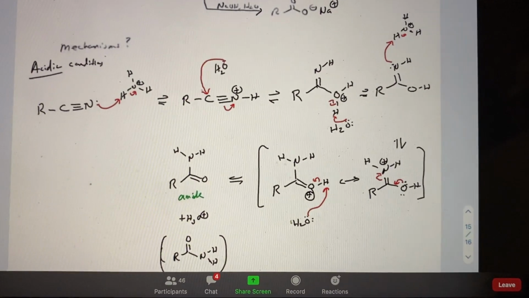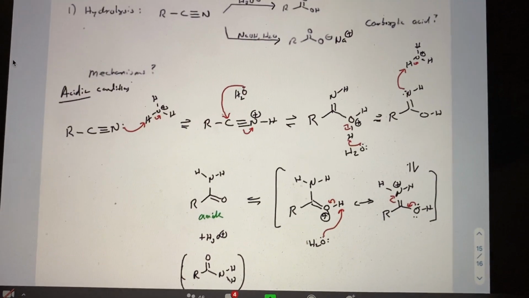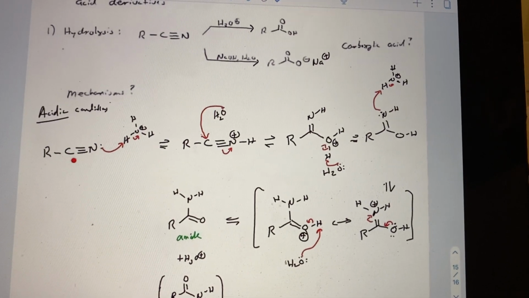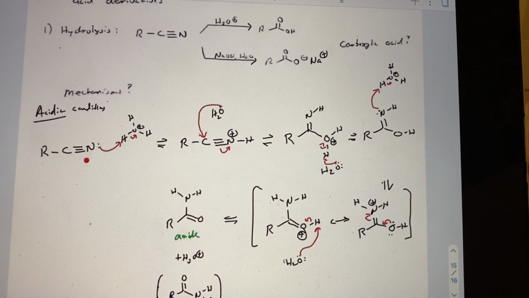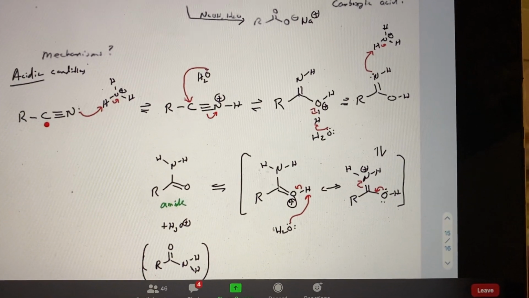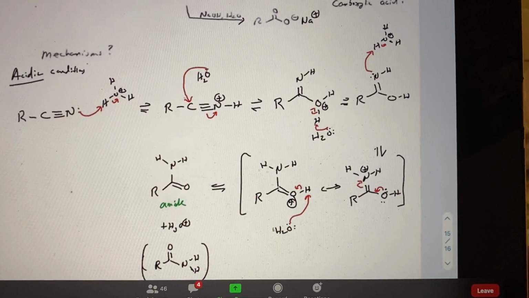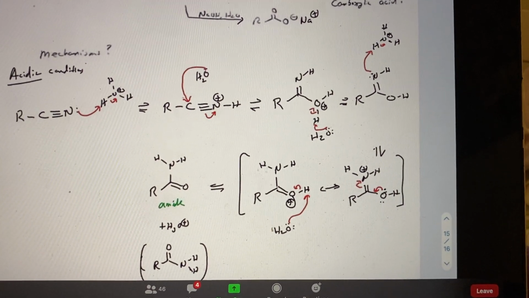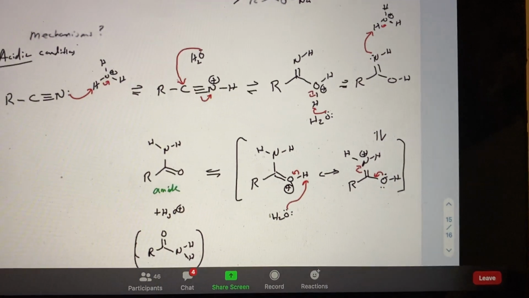So a long mechanism, but there are several important things here. One is to note that this nitrile, C triple bond N, shows reactivity like a carbonyl group, and that's, again, why we're discussing it here. So under acidic conditions, we can protonate it, and then have the nucleophile attack the carbon. So rather than C double bond O, it's C triple bond N, in this case, protonated.